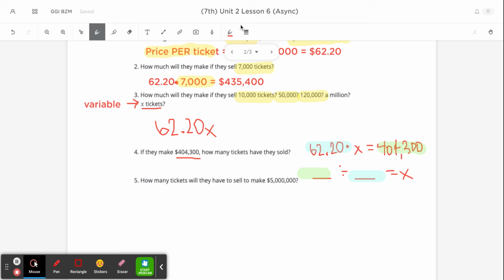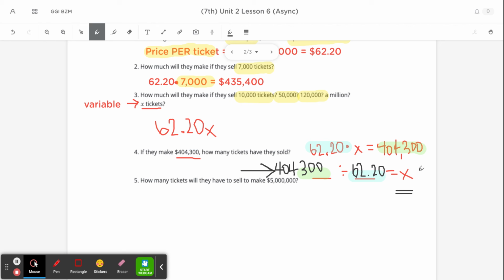And so I end up with $404,300 divided by 62.20. And the answer to this division sentence here will tell me what x is.